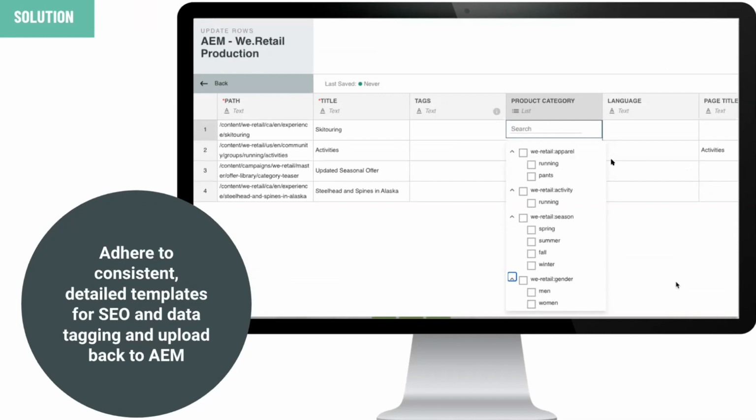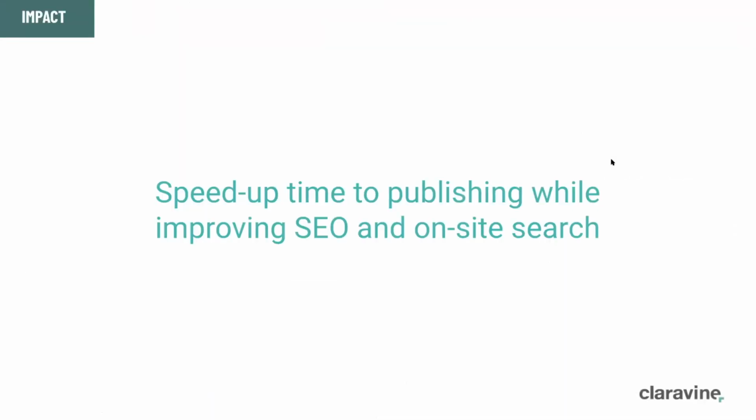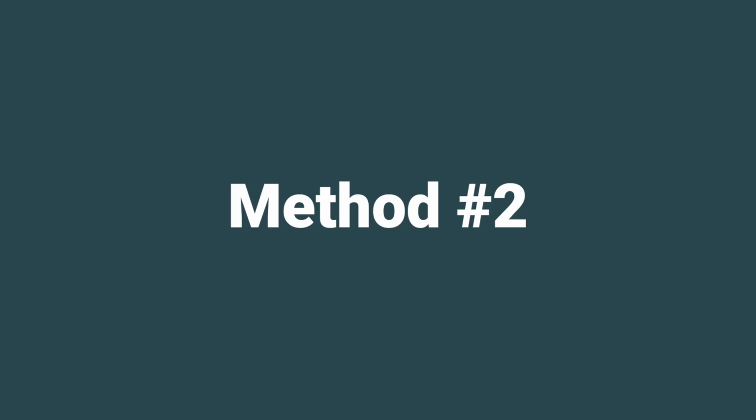But for that new content flow, it's really about simplifying and making sure everything's standardized up front. So when the content's built and deployed and indexed by search engines, everything is structured as it's expected to be. To recap here, really speeding up that time by putting the standards up front and making sure that everything's tagged appropriately for both SEO and on-site search, and connecting content owners and business owners to the content authoring and publishing teams.